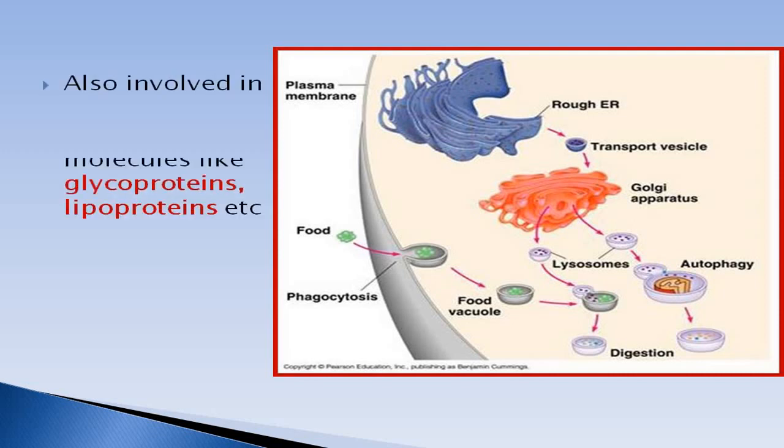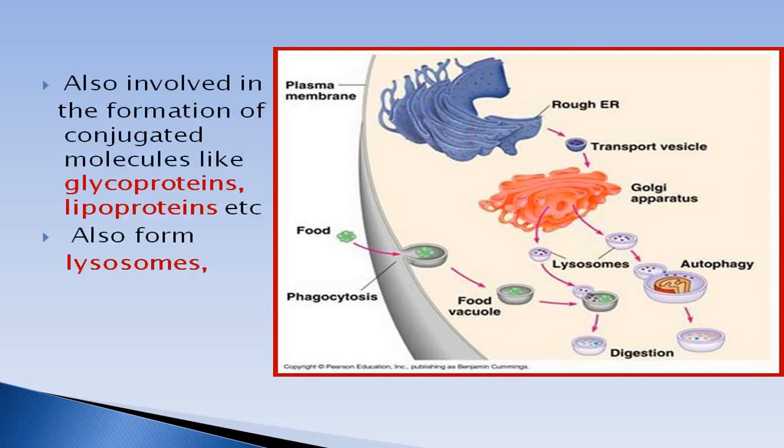Golgi apparatus also gives rise to lysosomes. As you can see in this figure, the proteins which are synthesized in the rough endoplasmic reticulum are transported to the Golgi through this transport vesicle. After modification in this Golgi apparatus, these proteins may be the secretions which are then to be released out, as we had seen in the previous figure.